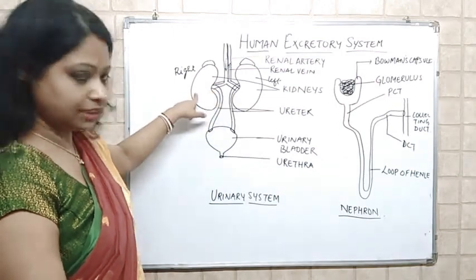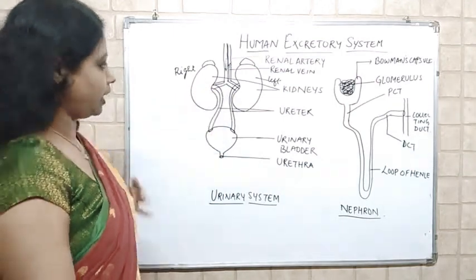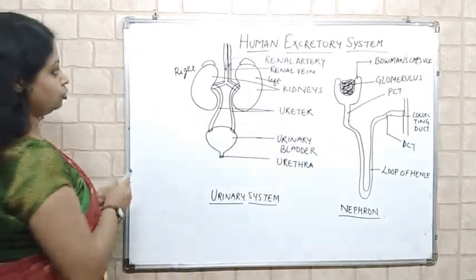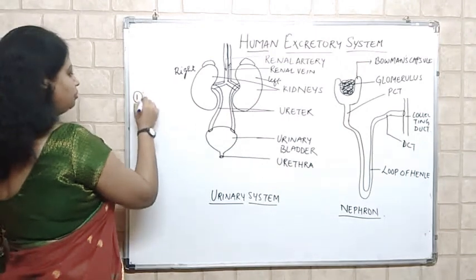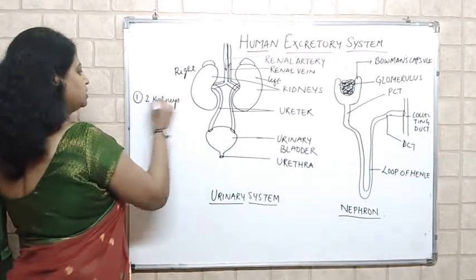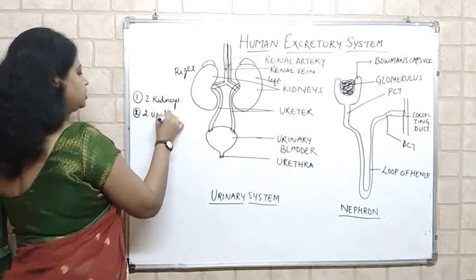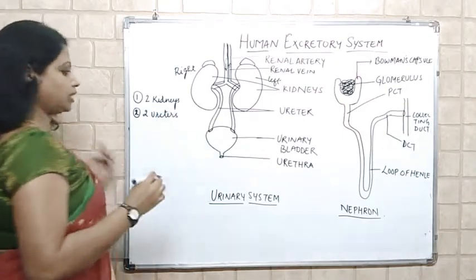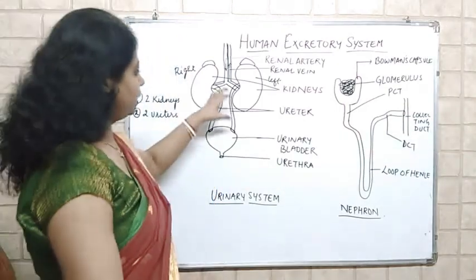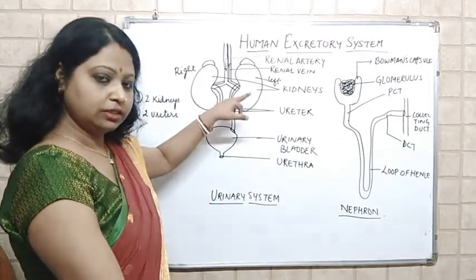These are the kidneys. From the kidney you can see two tubes arising. These two tubes are ureters. So human excretory system includes two kidneys, two ureters. Ureters are the tubes which are bringing the waste material from each kidney.